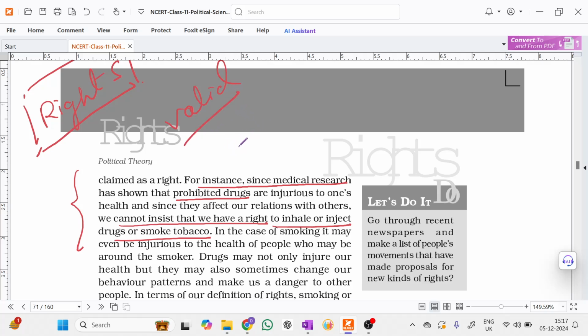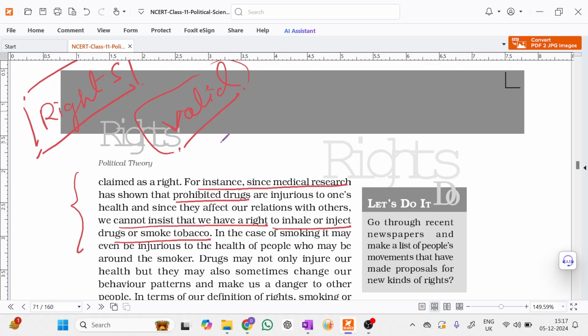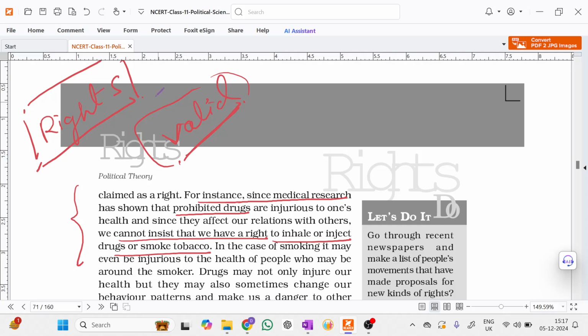But the example that has been taken here cannot be overlooked. Because the constitution has been amended more than 100 times, and the future crop of leaders need to keep in mind that if they want to bring more rights, or if they want to cut down some rights from the constitution, those rights need to be valid, those rights need to be justified.